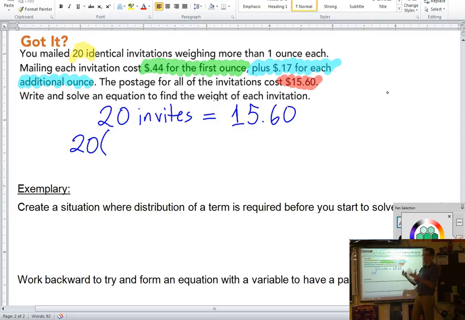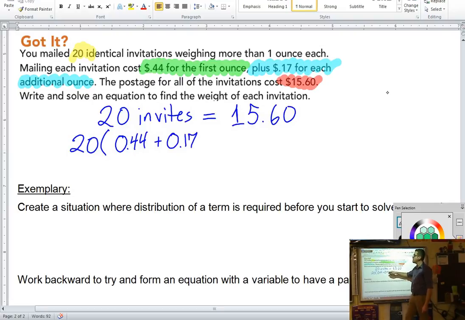So when we look at what the invitation costs, forget about the 20. What would we pay for one invitation? Mailing each invitation costs 44 cents first, plus 17 cents.